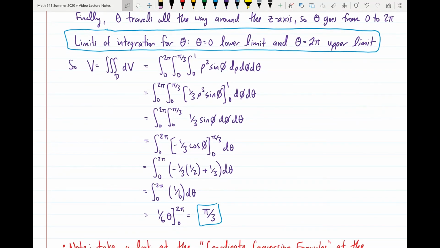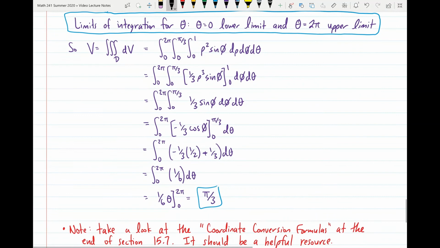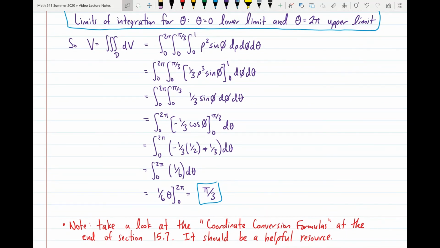So the volume is equal to the triple integral of dV over the region D, which is equal to the integral from 0 to 2 pi of the integral from 0 to pi over 3 of the integral from 0 to 1 of rho squared times sine phi d rho d phi d theta. We evaluate the inner integral with respect to rho, and we get 1/3 times rho cubed times sine phi evaluated from 0 to 1.